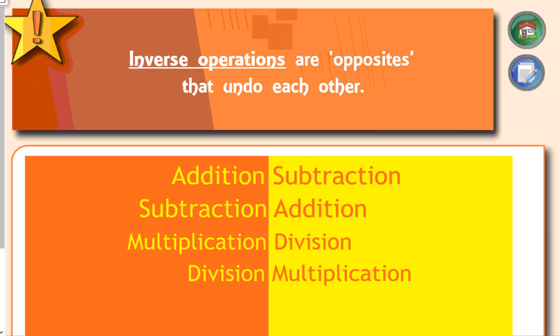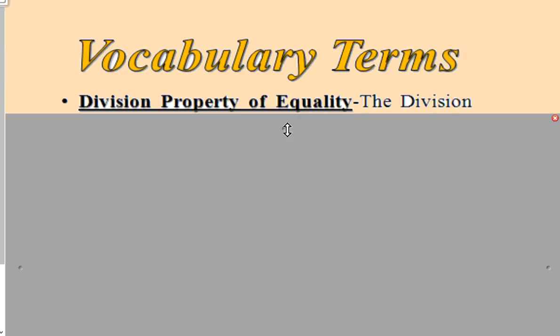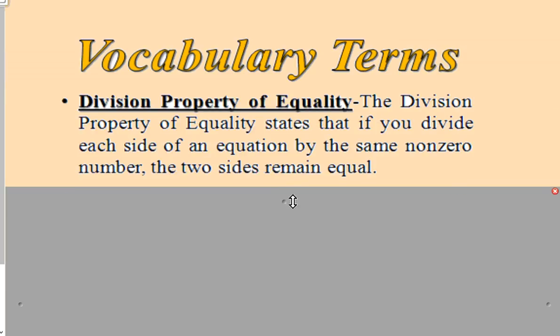The first thing we need to do is go over some vocabulary terms that you're going to be seeing and hearing me talk about both in class and throughout this video. The first one is the division property of equality. This states that if you divide each side of an equation by the same non-zero number, the two sides will remain equal.